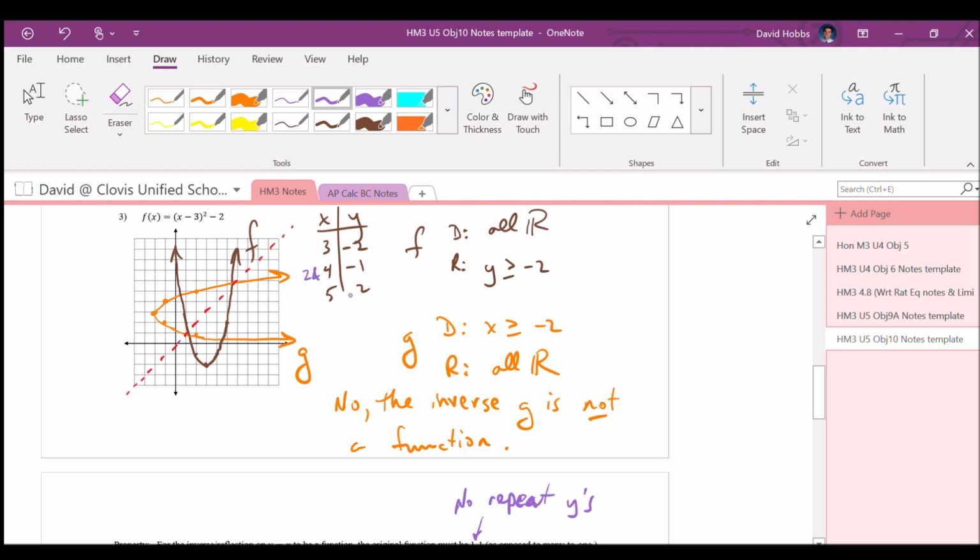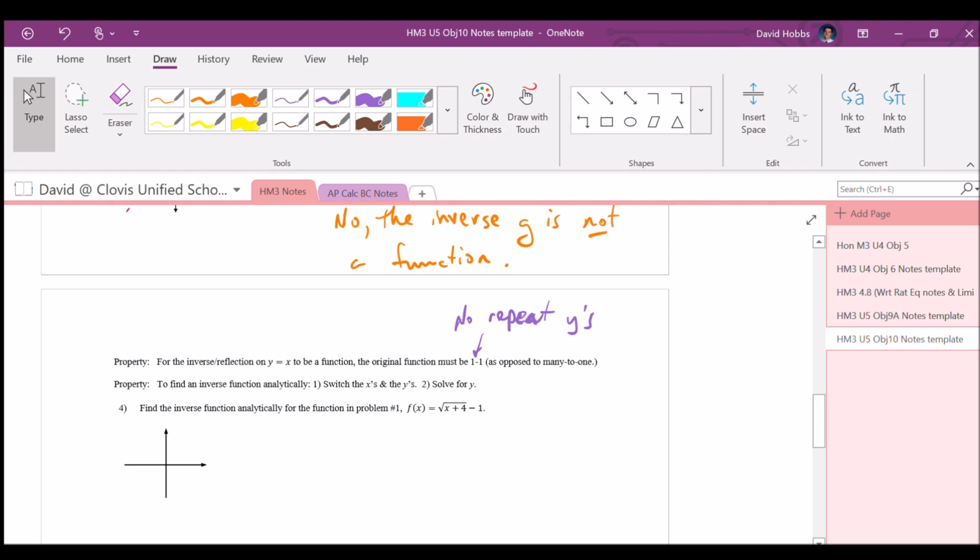And we had 5, 2, but we also had 1, 2. It was because of the symmetry thing going on. So there were many x's to that one y value, many-to-1 as opposed to 1-to-1. But 1-to-1 means effectively that there's going to be no repeat y values.